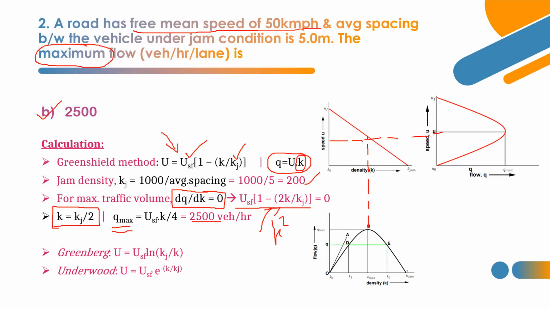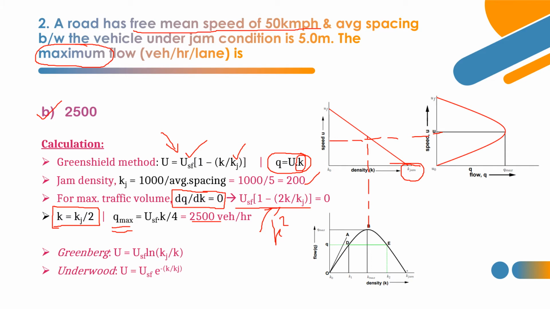At Kj by 2, actually K jam is here, that is jam density, and half of the jam density corresponds to half of the free mean speed. So that's the normal speed. And at jam density, the speed will be negligible, 0, because all vehicles will get stopped at full jam condition.